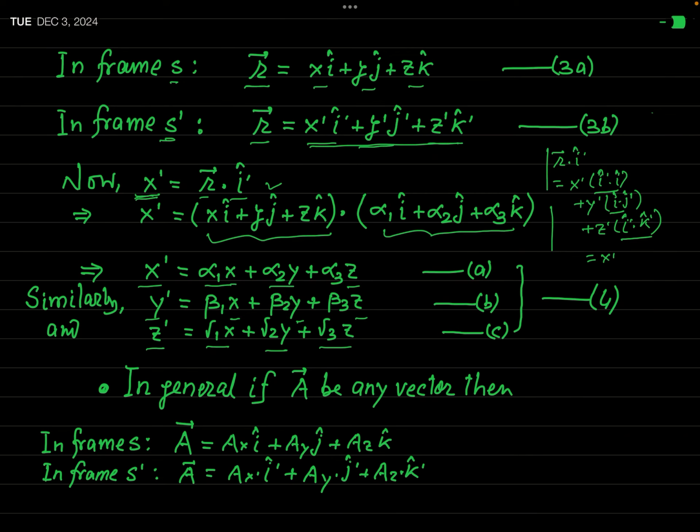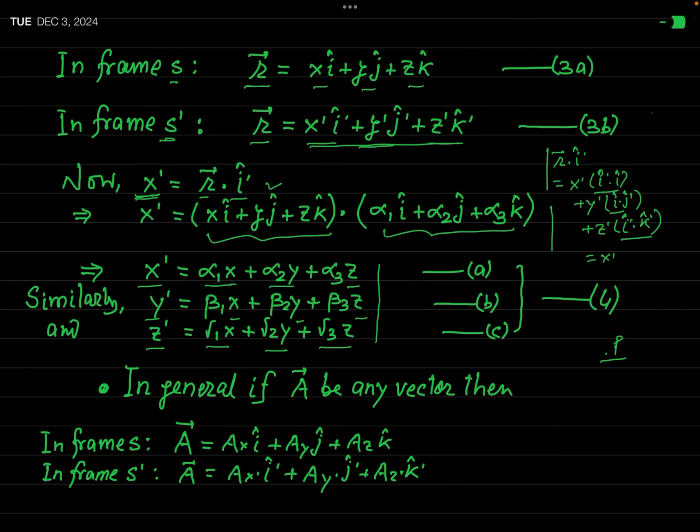It means if you know the coordinates of point P relative to the space coordinate system S, then you can easily find the coordinates of the same point with respect to the body coordinate system if you know the 9 direction cosines. Among those 9 direction cosines, 3 are of the x' axis with respect to x, y, z, 3 are of the y' axis with respect to x, y, z, and 3 are of the z' axis with respect to x, y, z. Okay, so this is the transformation equation.